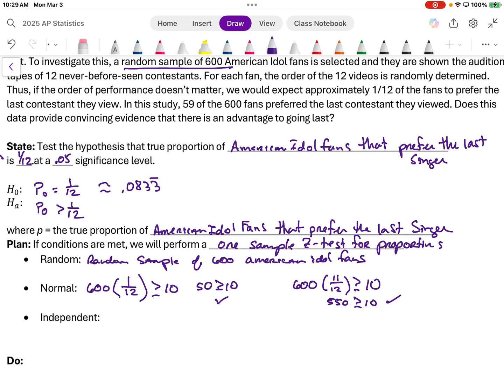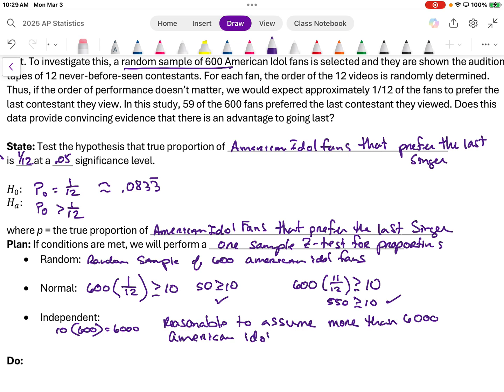For independence, 600 times 10 is 6,000. It's reasonable to assume more than 6,000 American Idol fans, because if there weren't, would that show still be on the air?